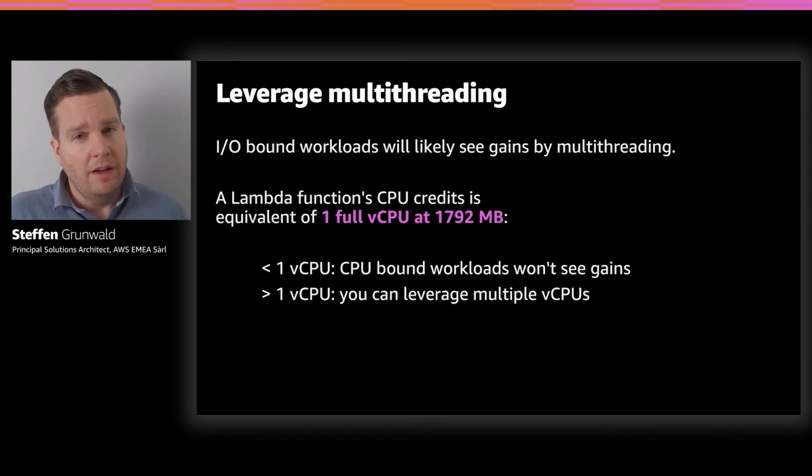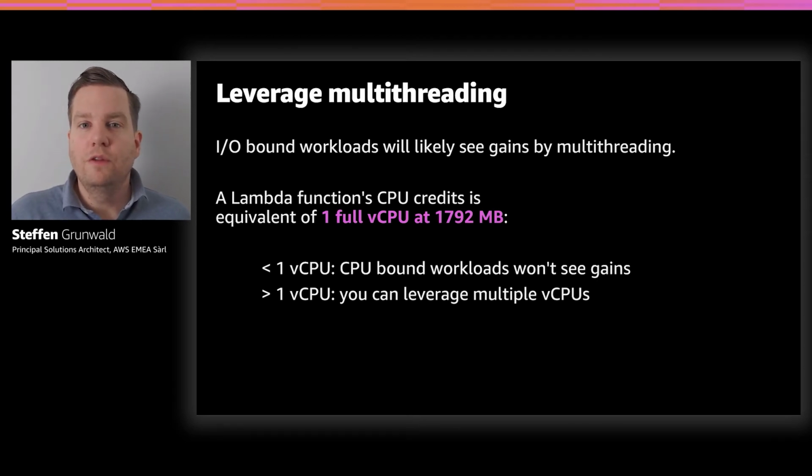If your application is CPU bound, you have to consider if your application even has access to multiple CPU hyperthreads. And that is the case starting from about 1.8 GB of memory. And there you will probably see some gains from using multithreading.